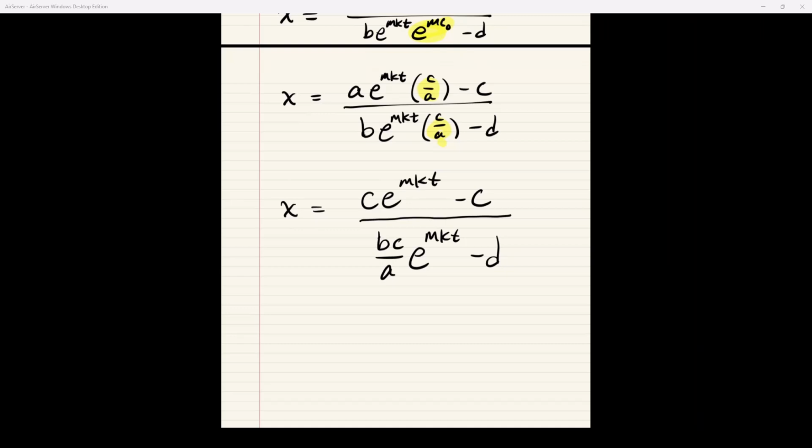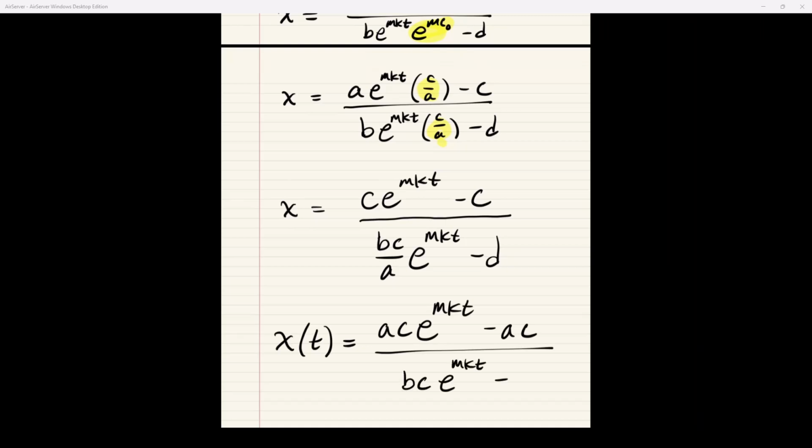And that's okay, but how about we just multiply top and bottom by a to get rid of this little bit of complex fraction here. So I think I'll say my final answer, x as a function of time, is a times c e^(mkt) minus a times c over b times c e to the mkt minus a times d.